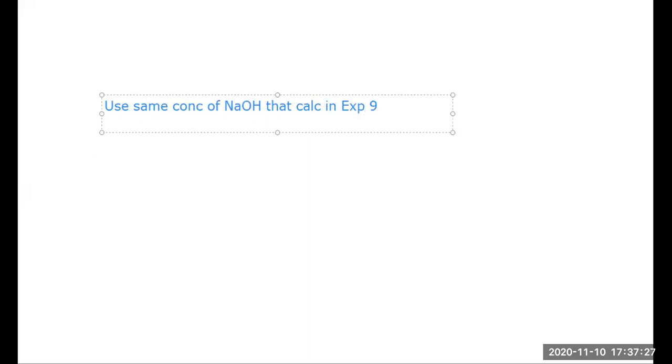It gets used at the bottom of part A in experiment 9, which is when you do the average of your 2, basically you take your 2 trials and you average them together. Then you take that piece of data and you use it on the back for part B, and you use it again for doing the experiment 10 stuff. So experiment 10, same concentration.